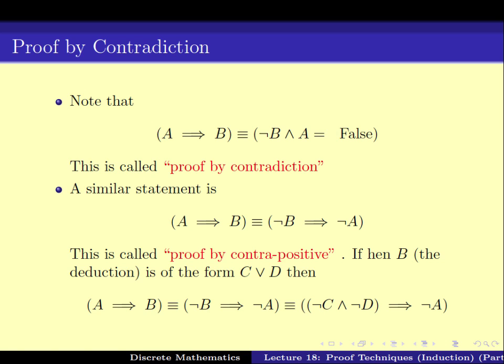Then there was also the proof by contradiction. The idea is that instead of proving A implies B, one can also prove that not B and A is false.